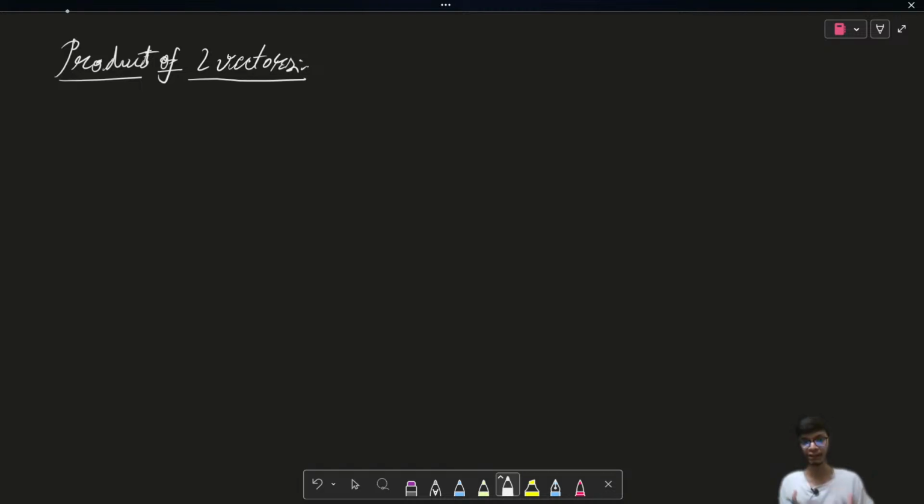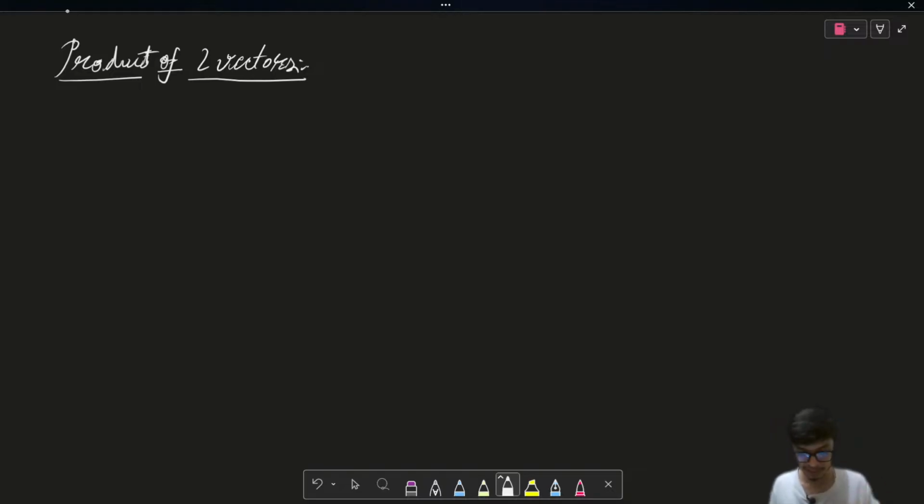There are certain situations in physics where we need to project one vector onto another, right? There have been some cases where we have tried to explore the projection, or the length of the projection, of one vector onto another, right? So in that scenario, mathematicians came up with the idea of developing the theory of the product of vectors.